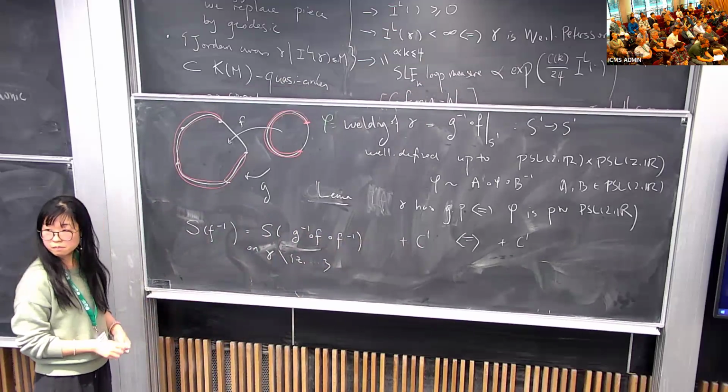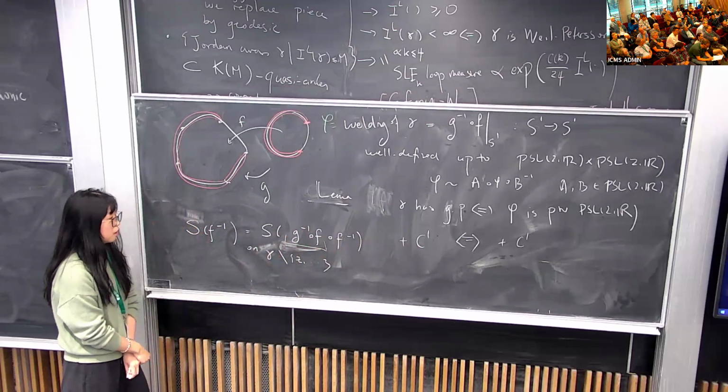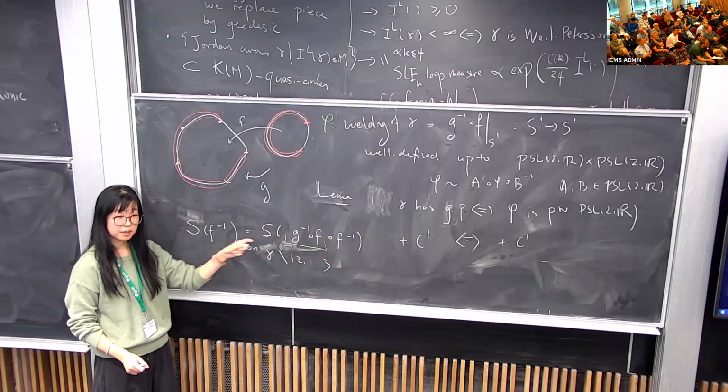Okay, because this is a Möbius, the chain rule of the Schwarzian will give you that they're actually the same.